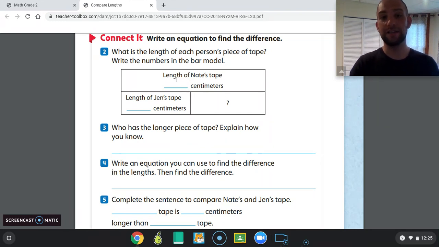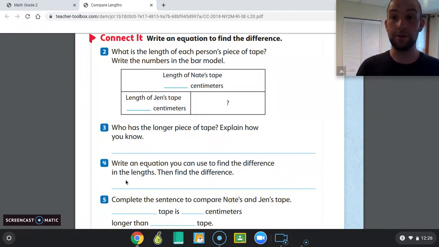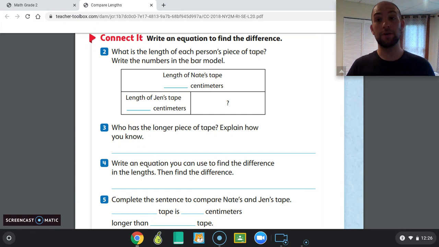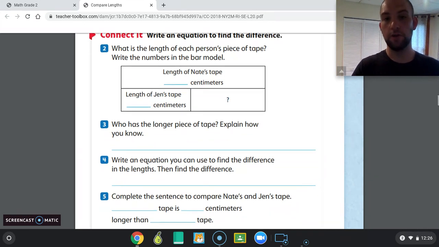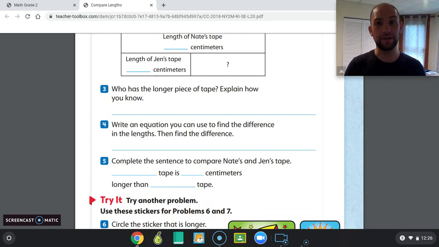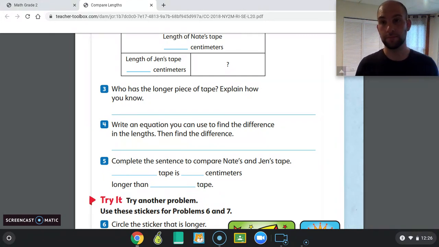So if we know that Nate's tape was 8 centimeters and Jen's was 3, 8 centimeters minus 3 centimeters equals our unknown, our difference. So what is 8 centimeters minus 3 centimeters?